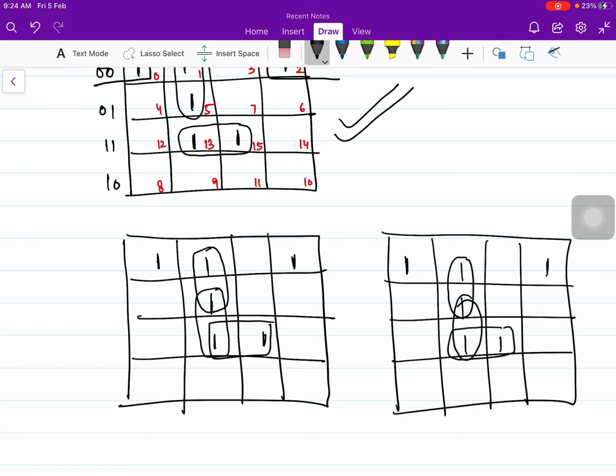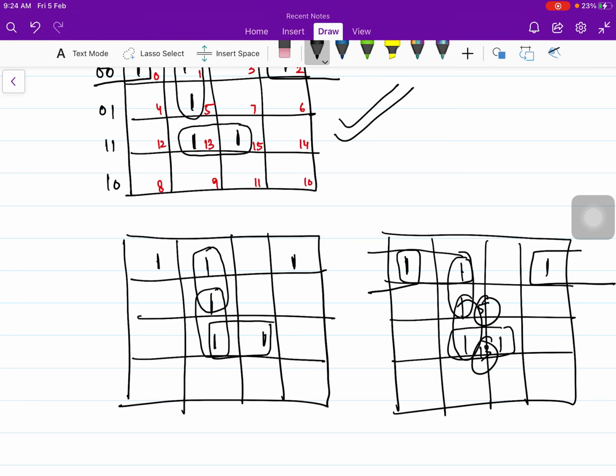Because these two ones, that means block 5 and block 13 ones, have already been grouped in their own groups, isn't it? Or if you are making this group, that is also wrong, because this group has already been made with it of the same size too. You are not making a group of 4 here. So if you are making a group of the same size, then you are creating a redundancy, which is not the aim of the K-map.